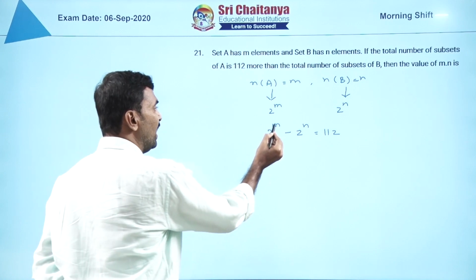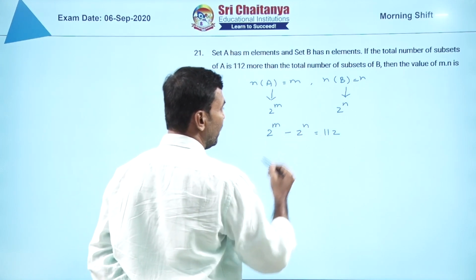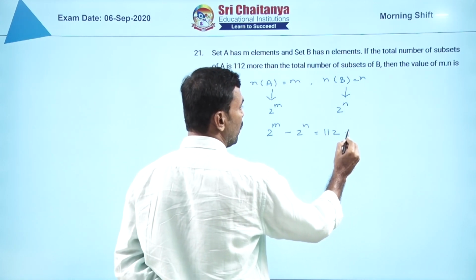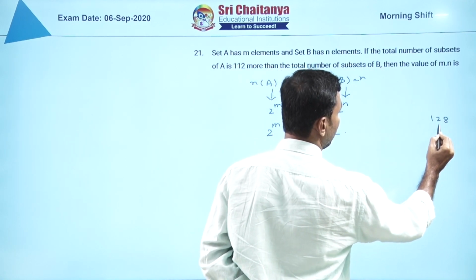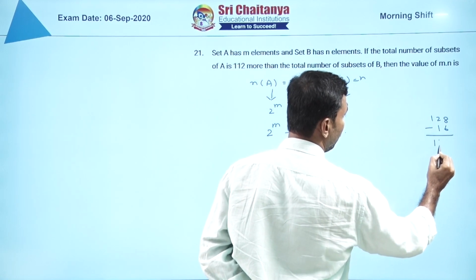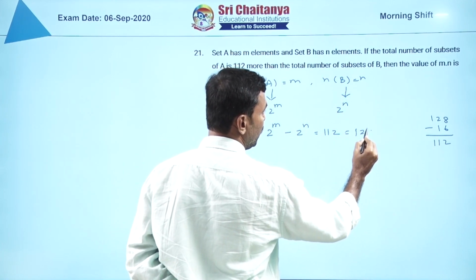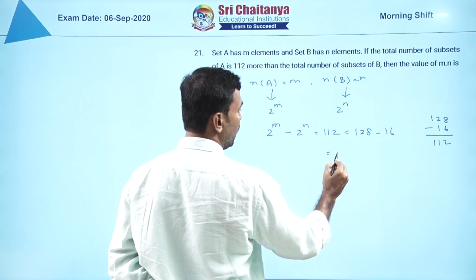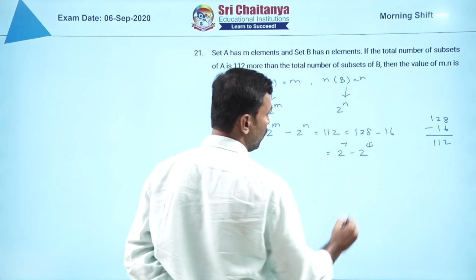So, select the natural numbers m and n so that 2 power m minus 2 power n is equal to 112. If I write this 112 as 128 minus 16, which is 112, which can be written as 2 power 7 minus 2 power 4.